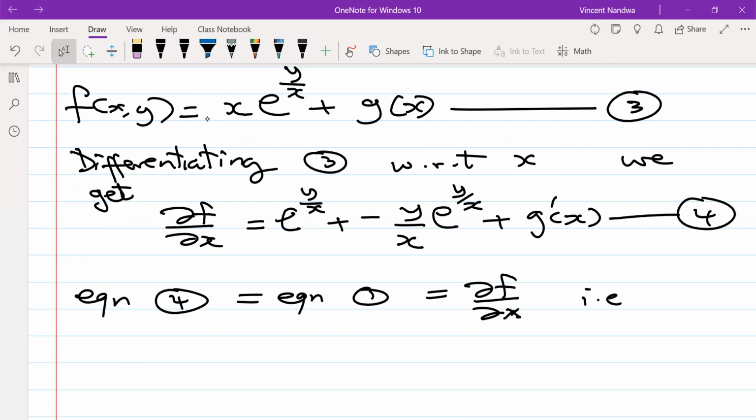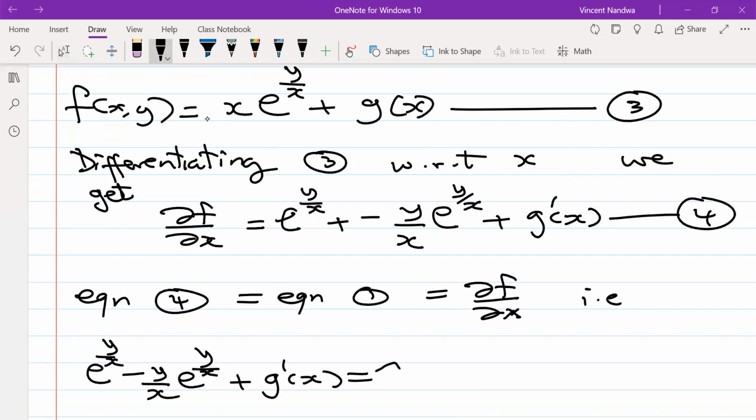So we'll have e power y over x minus y over x e power y over x plus g prime of x equals, equation 1 is given by e power y over x minus y over x e power y over x plus 1 over 1 plus x squared.